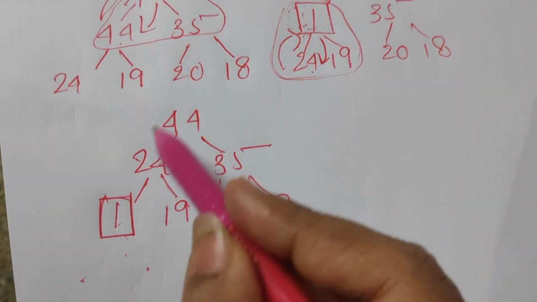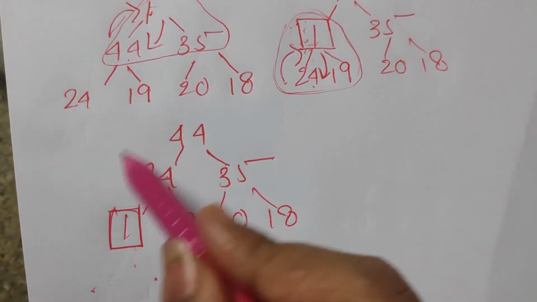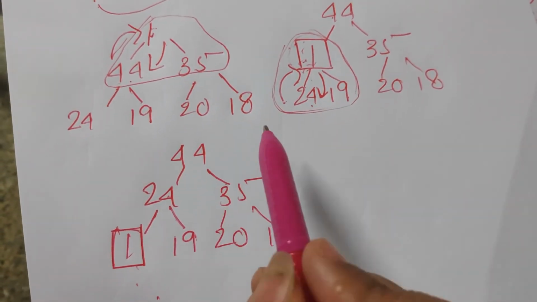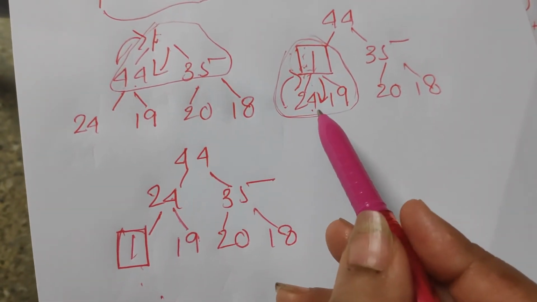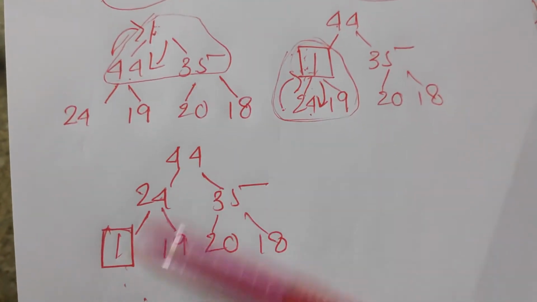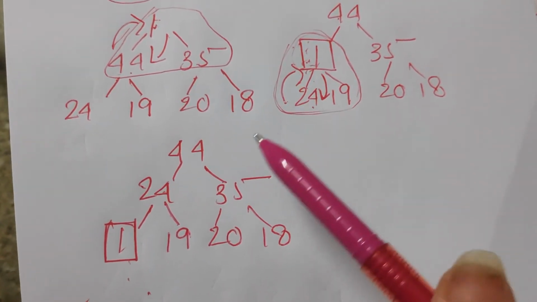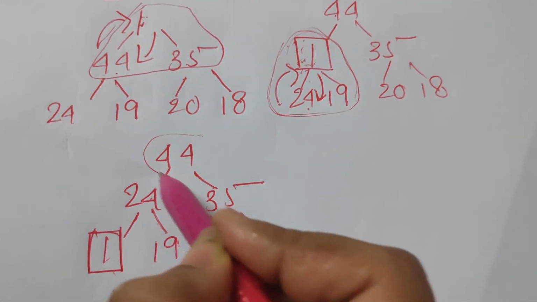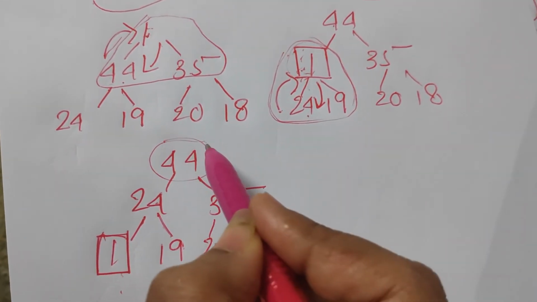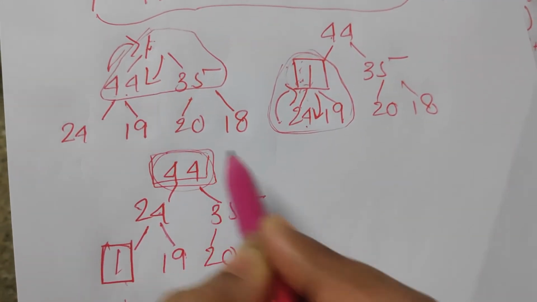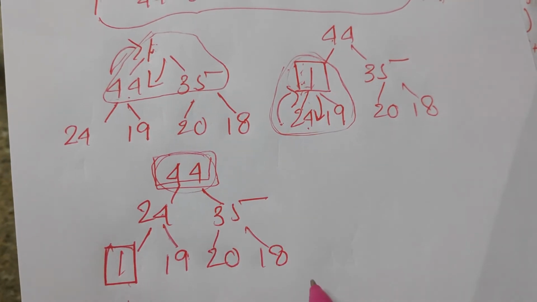Now once this heap has been created, again we will find the next maximum number. 93 was maximum, the next maximum number amongst the 6 numbers is again at the top. So this root will be replaced by the last leaf.